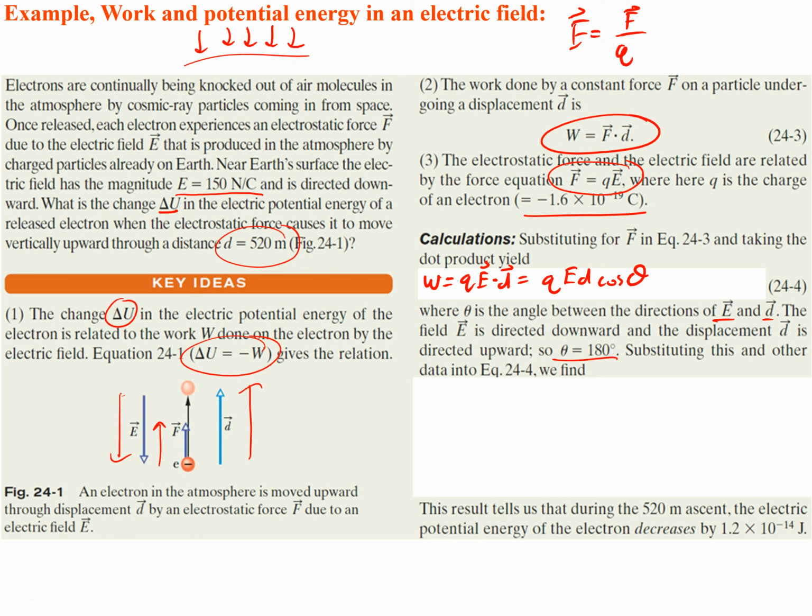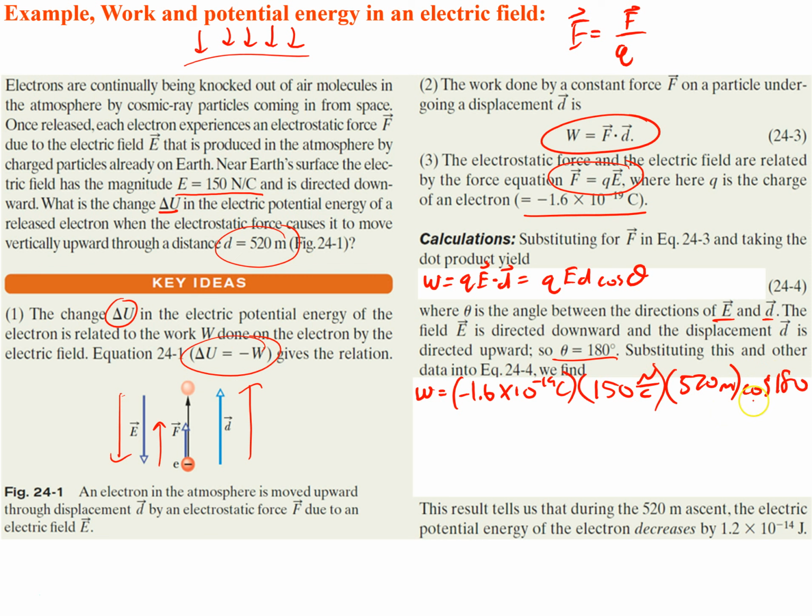Substituting all of this in, we get work is equal to negative 1.6 times 10 to the negative 19 coulombs, which is the charge of an electron. Notice how we have a negative sign in there because an electron has a negative charge, times the electric field, which is 150 newtons per coulomb, times the distance, which is 520 meters, cosine of 180.